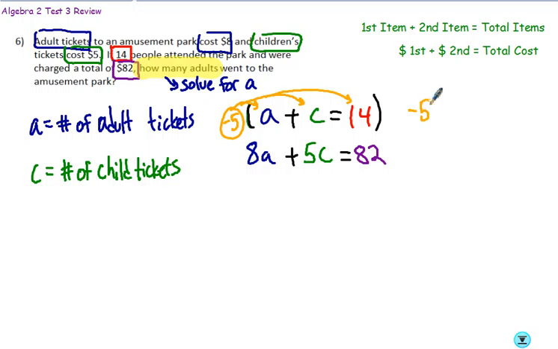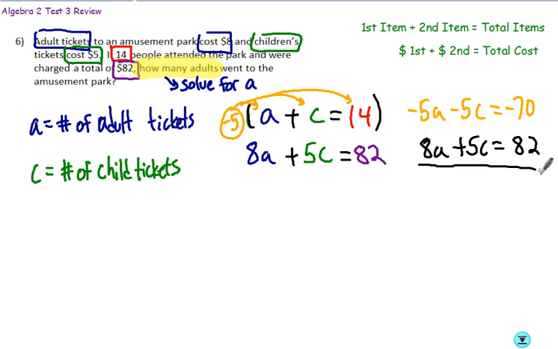And I'm going to have a new equation now. So I've got negative 5A minus 5C equals negative 70. And then the second equation stays the same: 8A plus 5C equals 82.